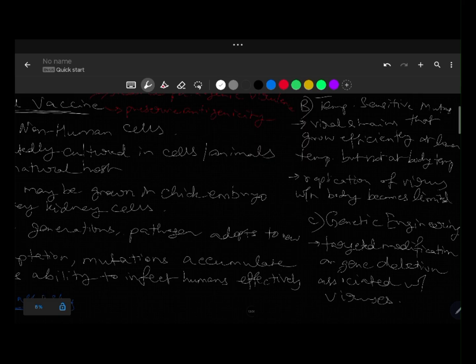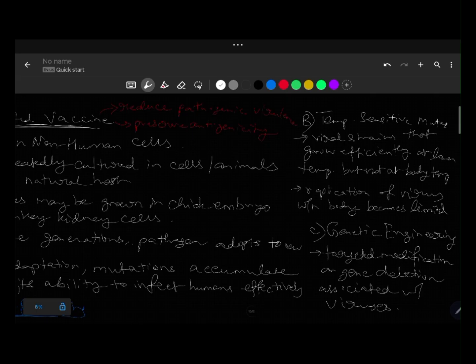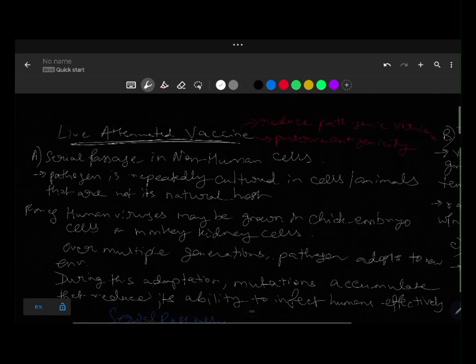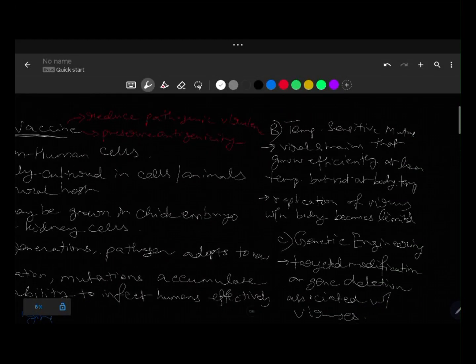First you identify those genes which are associated with virulence, then you delete those genes. In this way also the virus loses its virulence.